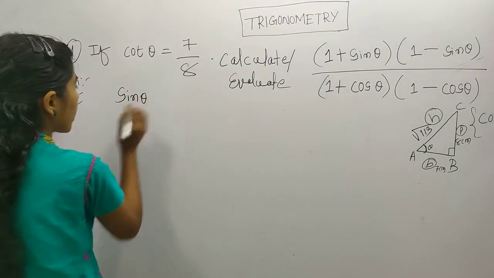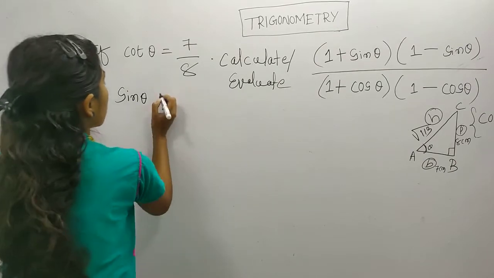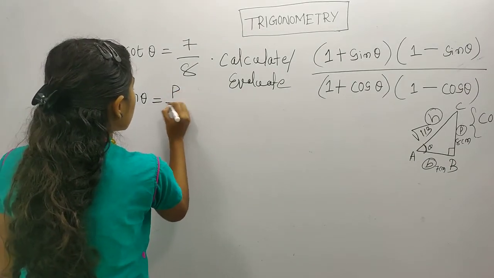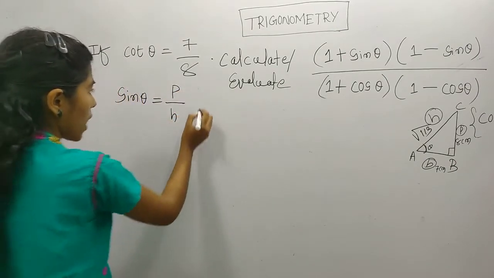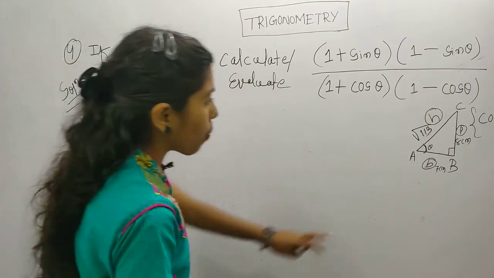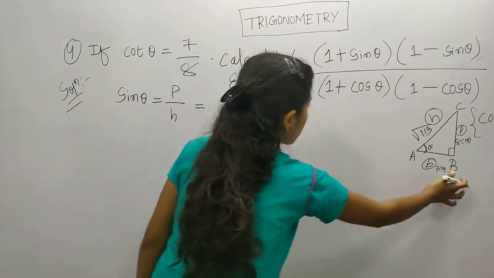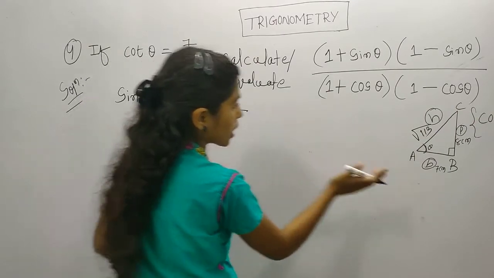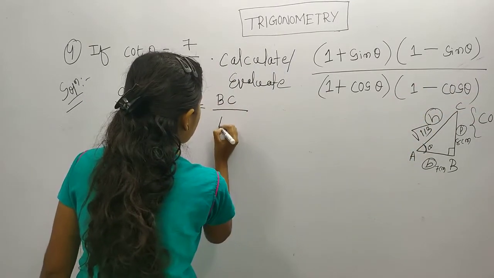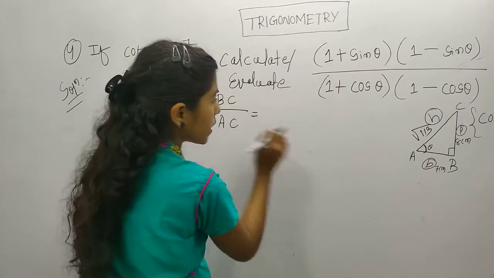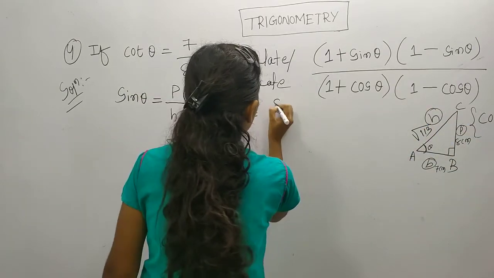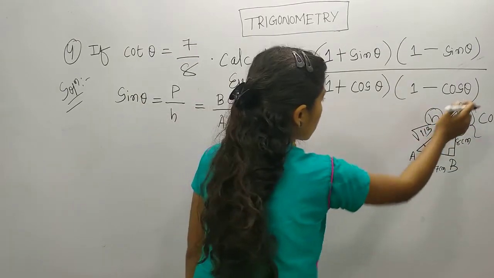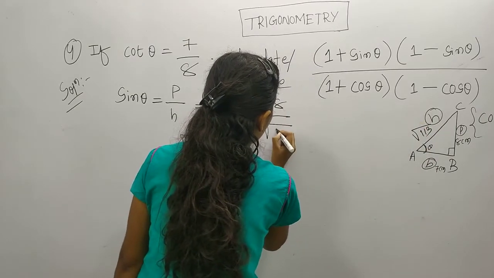So first we have to find sin theta. So what is sin theta? Sin theta equals P by H. So what is the perpendicular? BC, the perpendicular, by hypotenuse. Hypotenuse is our AC. So BC is 8 by AC is root 113.